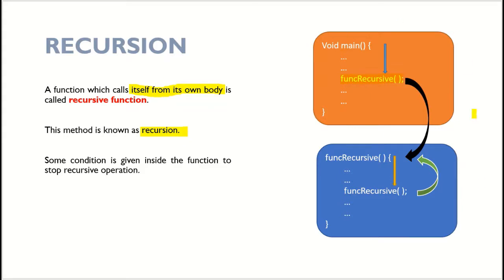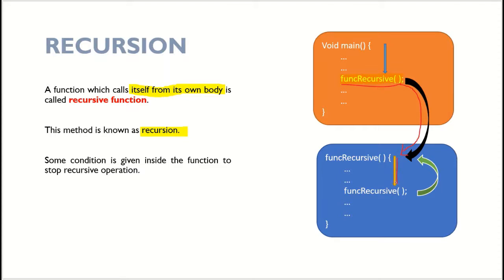Let's see the figure. So this is a main function, and in the main function I am calling a function recursive, which is a recursive function. So when this function is called, the program flow will go to the recursive function and it will start executing the statements written in the recursive function.